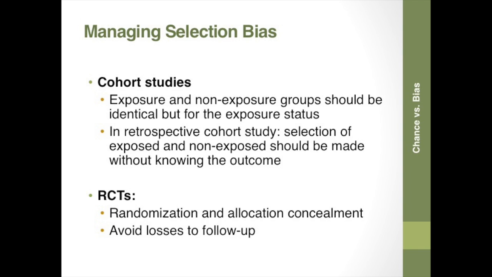In retrospective cohort studies, the selection of exposed and non-exposed people should be made without knowledge of the outcome. And finally, in RCTs, randomization and allocation concealment and avoiding losses to follow up are good strategies to prevent selection bias.